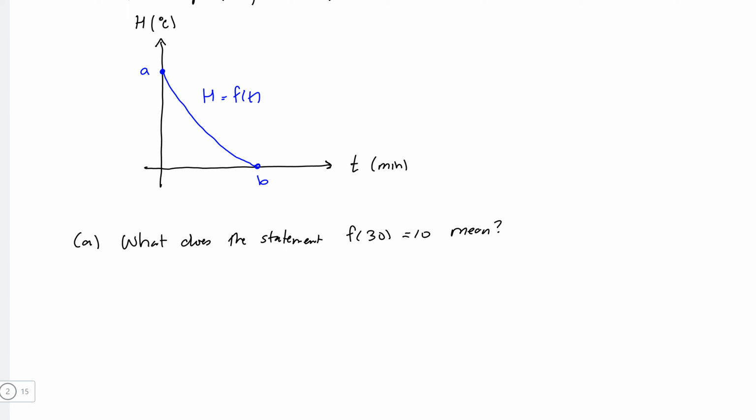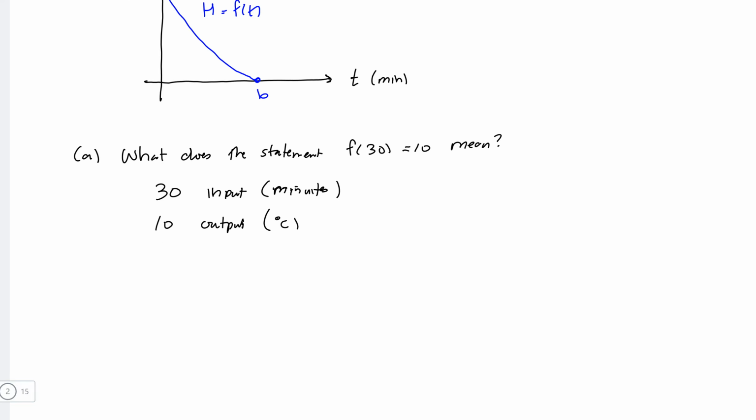So this means we're inputting 30 as our input. So 30 is the input, and this is measured in minutes. And 10 is our output. This is in degrees Celsius. So what this is saying is if we go 30 minutes after 0, the temperature will be 10 degrees Celsius.